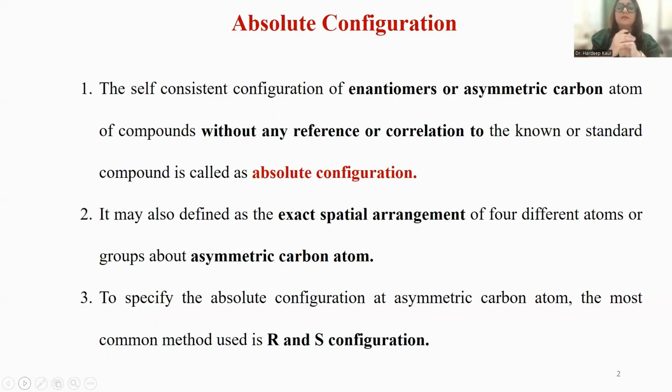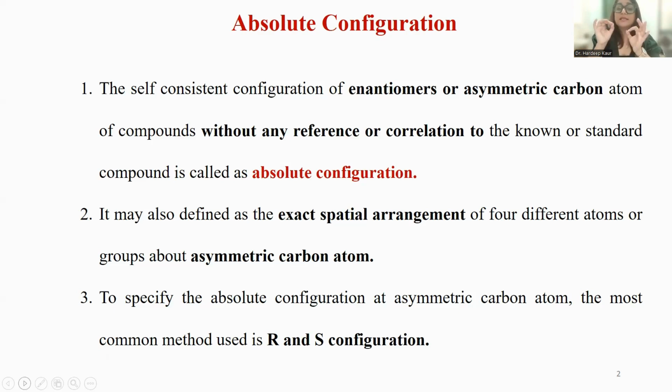So basically, before starting RS configuration, you should know what absolute configuration is. Absolute configuration is the self-consistent configuration of enantiomers or an asymmetric carbon atom without any reference or correlation to a known or standard one. So that is a particular configuration that is related to itself, not related to some others.